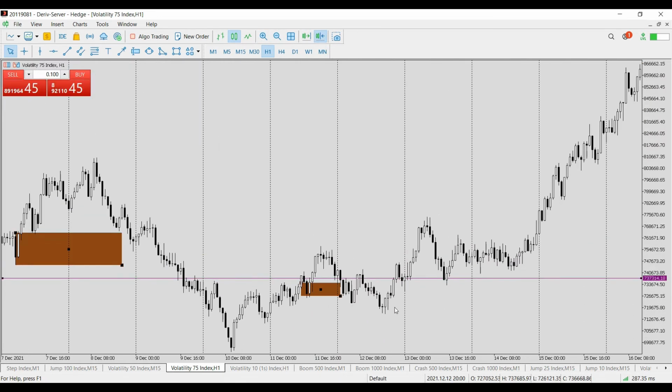This candle right here is a bearish candle, but it's not strong. In my last two videos, I talked about identifying candles, identifying order blocks, and one of the things I said was you need to make sure that the candle responsible for that sweep move has a very strong body to wick ratio.